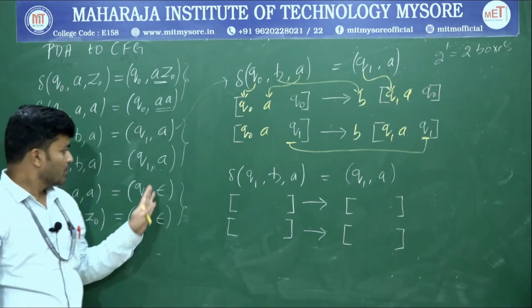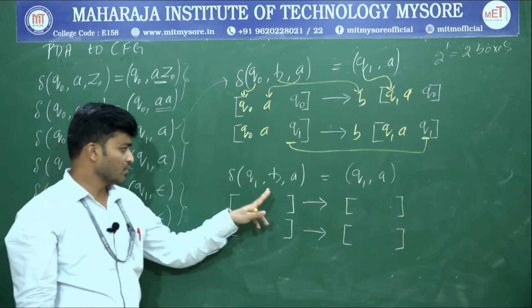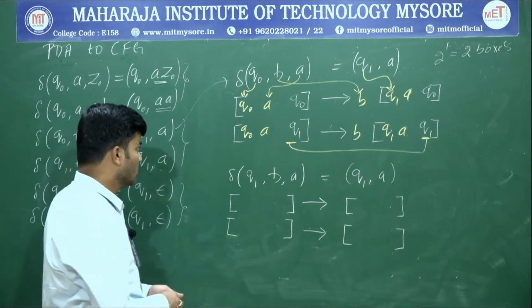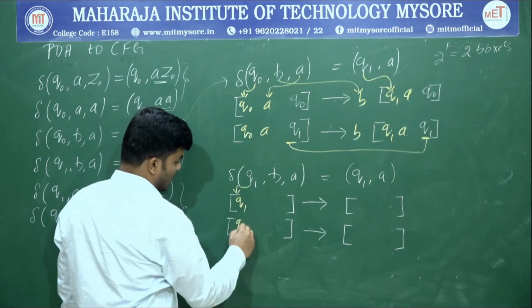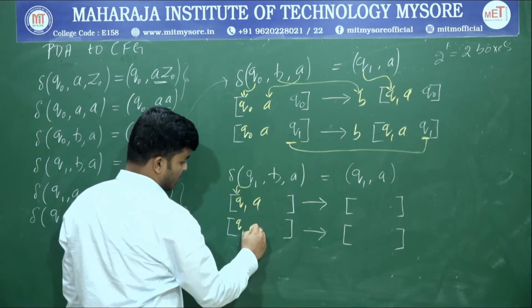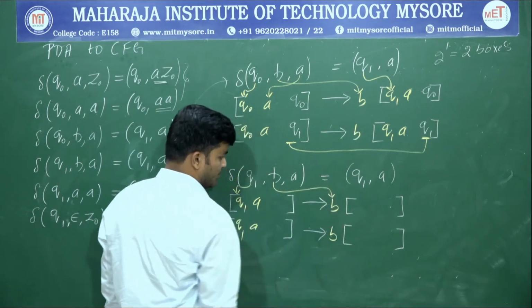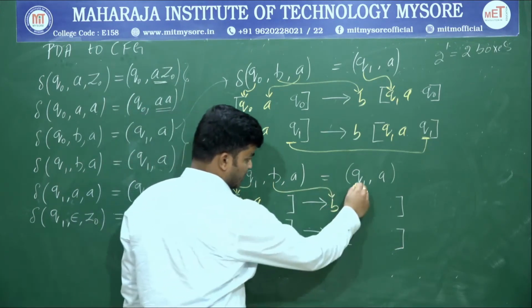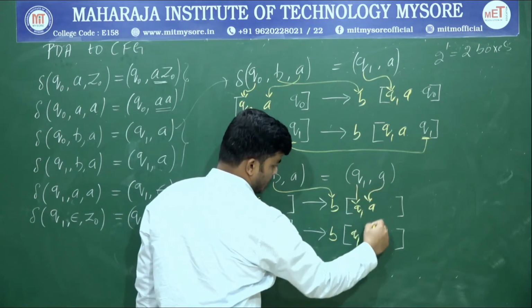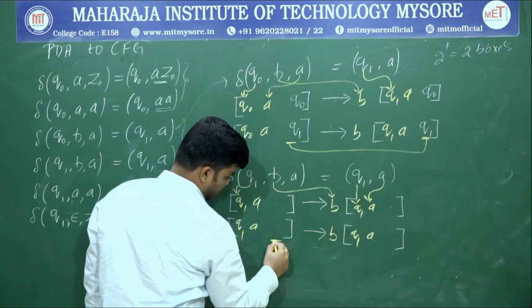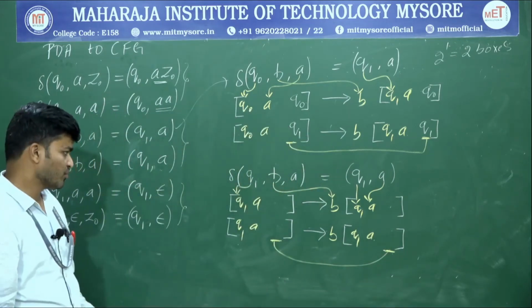Okay. So again we have one more production. So again for that production I am going to use the same rule. Here I have to write Q1, Q1. This A should be repeated. Then B I have to write over here, B, B. Okay. So next I have to repeat Q1 over here. Next A, and whatever is written on this position should be repeated in the last column of the right hand side box.